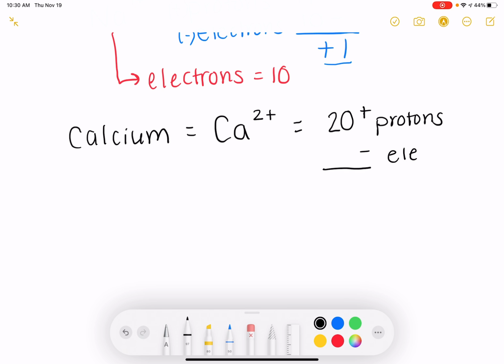Electrons, on the other hand, are negative. And all of those together need to give us a +2. So if we have something that is a +2, in our head we need to go 20 minus what gives us 2. And the answer to that is 18. So if we have 18 negatives and 20 positives, 18 of those 20 are going to be canceled out. What's left over is 2. So the answer to this question, how many electrons are in a Ca2+? There's 18 electrons.